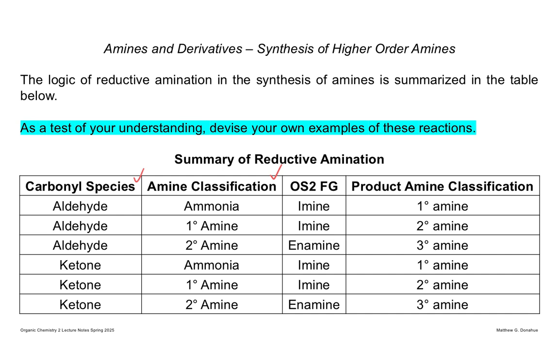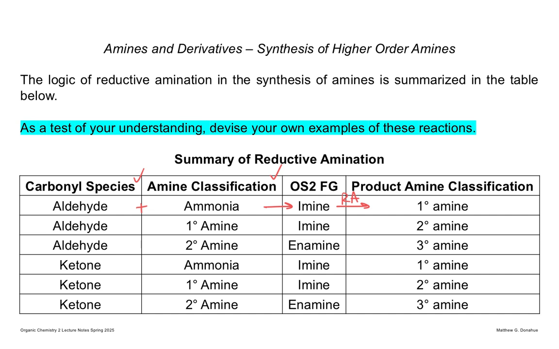And if you start with ammonia or a primary amine, you generate imines. Or if you start with a secondary amine, you generate an enamine. So aldehyde plus ammonia will generate an imine. And then when that's reduced through reductive amination, you get a primary amine.